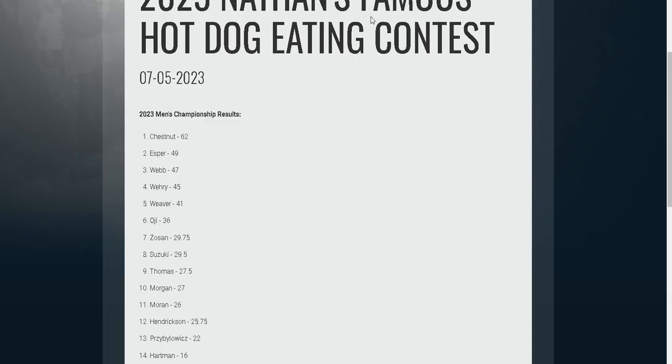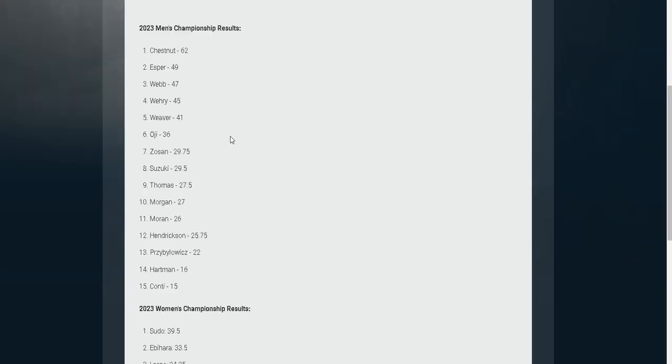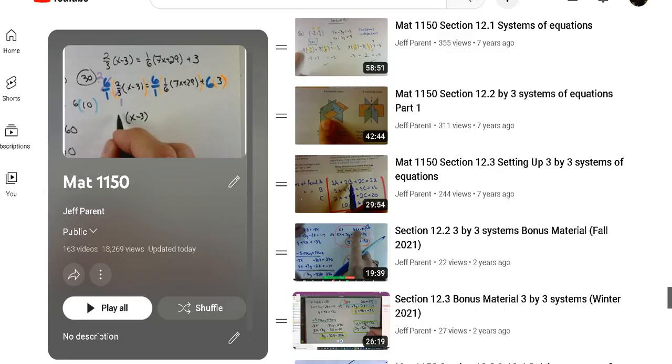Like number 7 has 29.75 hot dogs eaten. That's kind of an interesting observation. 33.5. Yeah, I actually saw it on TV one time. I just caught the end and no thanks. They actually dip their hot dog buns in water so that they can chuck them down faster.